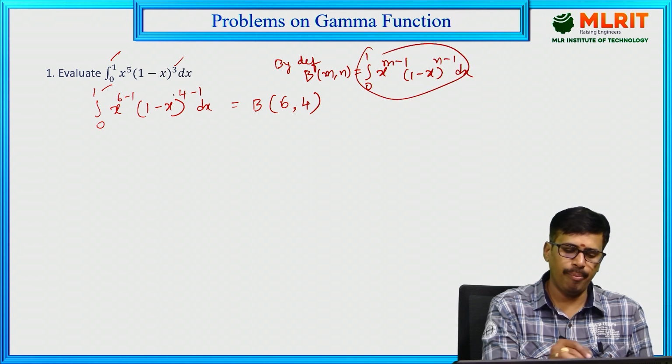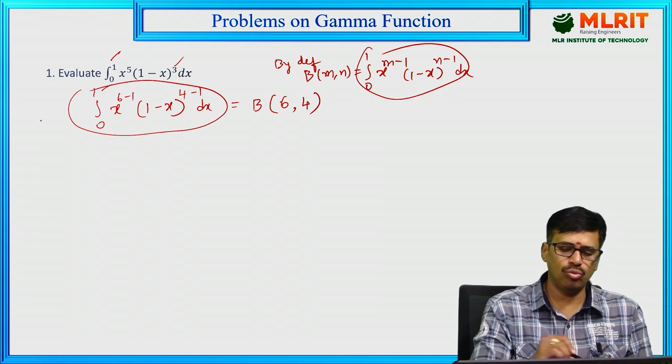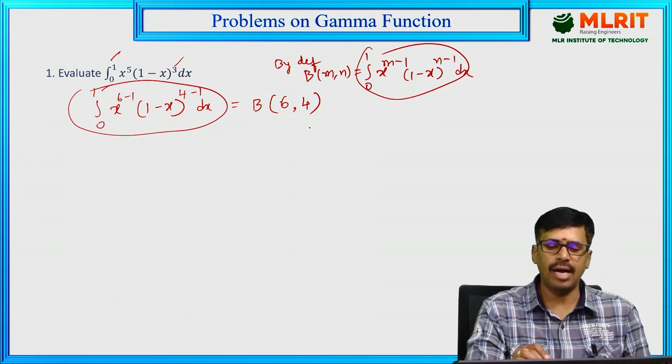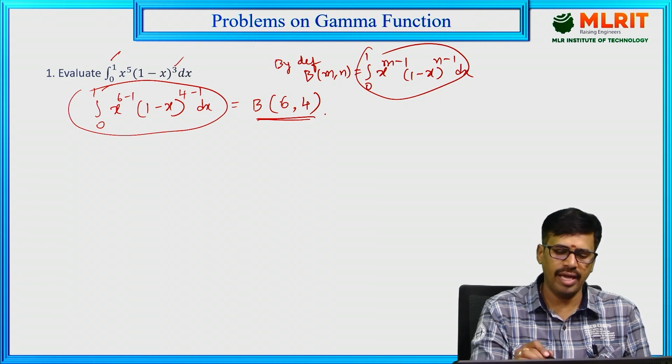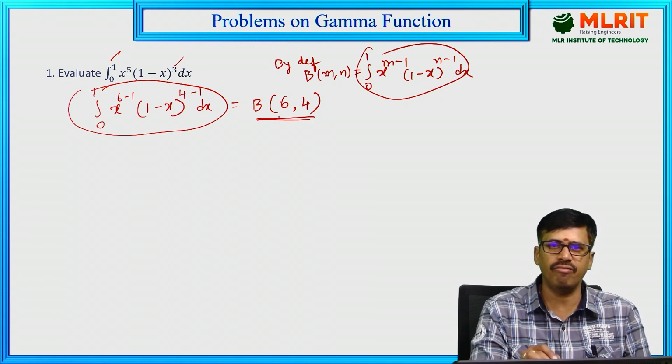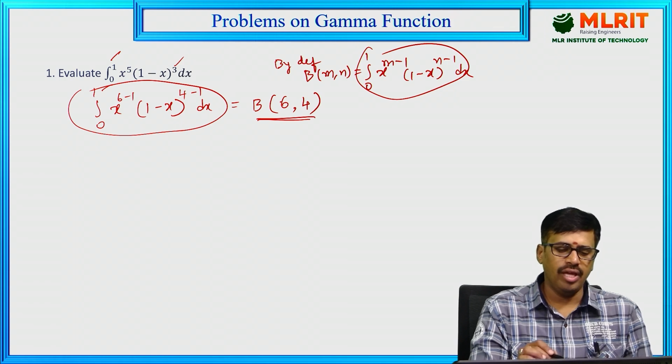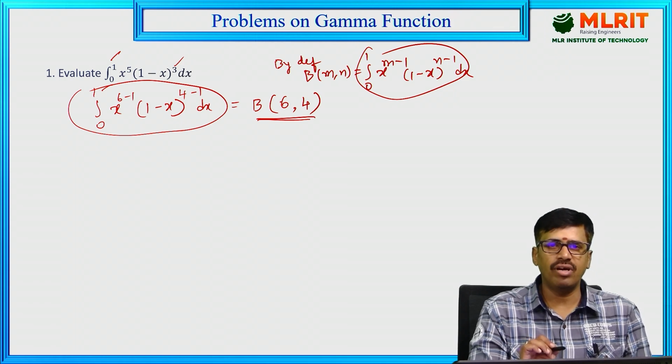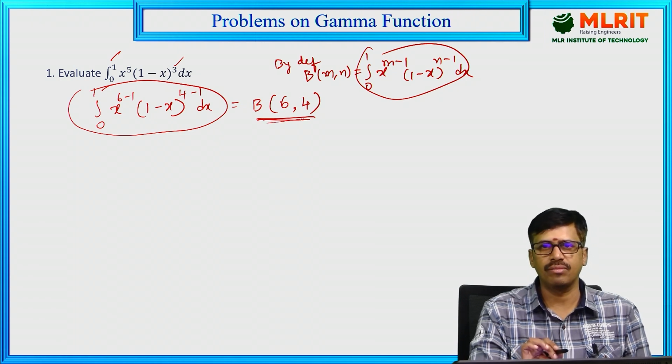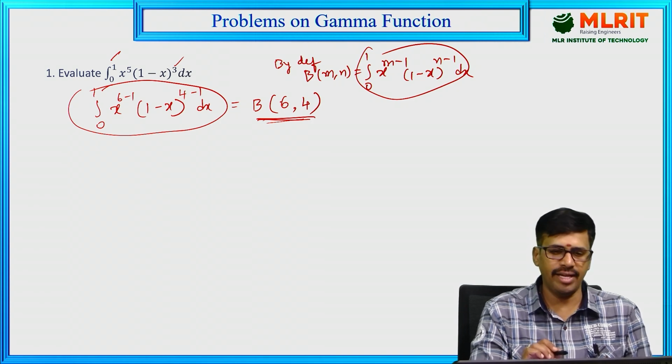We compare these two, find the values of m and n, and substitute, and we get beta of 6 comma 4. If they ask to convert the integral into the form of the beta function, we can stop here. But if they are not asking to express it as a beta function, and instead ask to evaluate the integral, we continue.